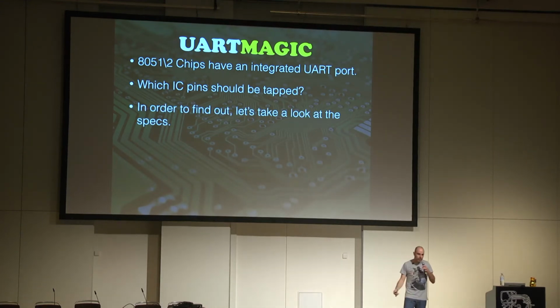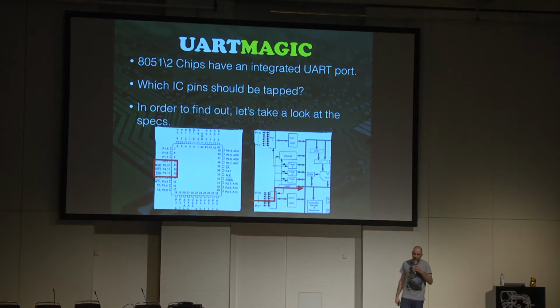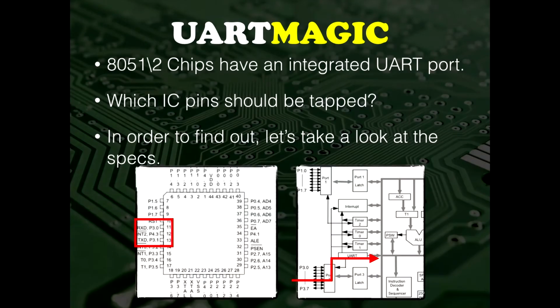Well, we can answer this question pretty easily by just looking at the specs, right? So we open up the specs of this chip, and we see this, and it clearly states that these pins here, you see the RX and TX pins, are connected through port 3 of the chip to the UART port. So these are our UART pins. Great. Now we only need to inspect what's going on in these pins in order to see the firmware hopefully coming into this chip.